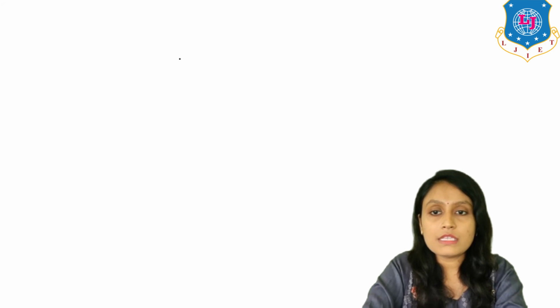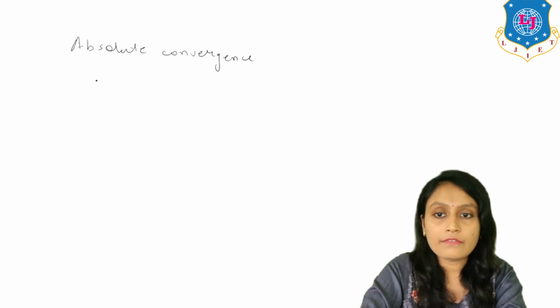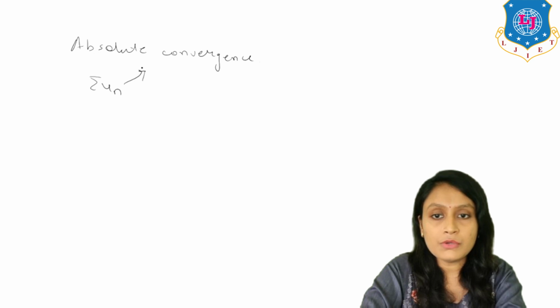So in today's session, firstly we studied absolute convergence, right? So here we have this series un. We can say that the series un is absolutely convergent if the series mod un is convergent.